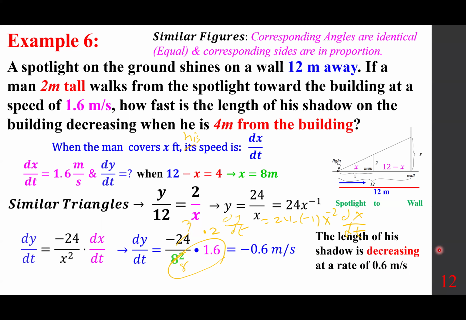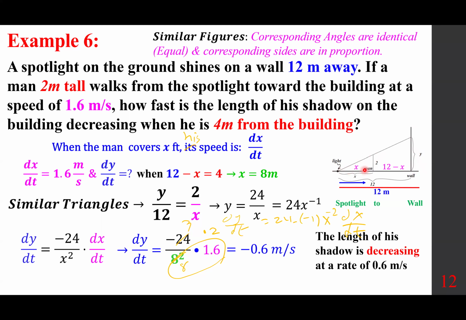A quick recap. We have a spotlight and we have a building or a wall. A man starts walking this way towards the wall. As you can see, then the shadow which has the height of y, we called it, is shrinking. So the man is 2 meters tall.